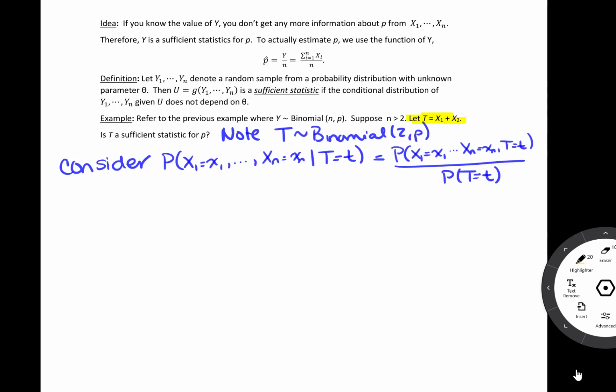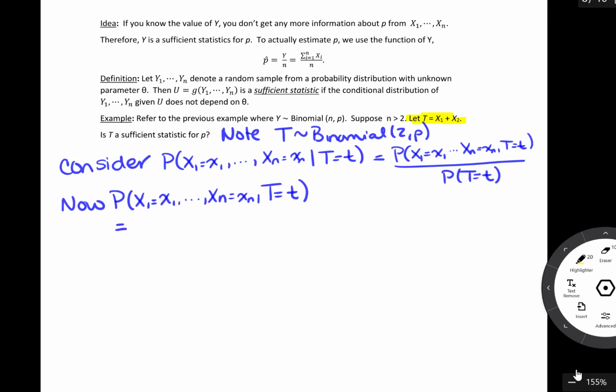Now again, just like before, we're going to focus on that numerator. And here, we're going to use pretty much the exact same steps that we used before.